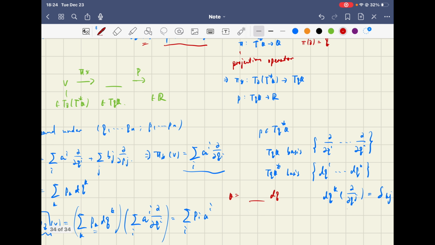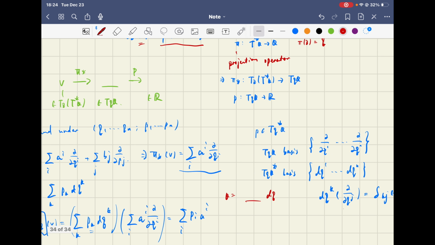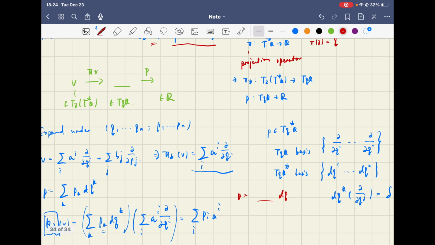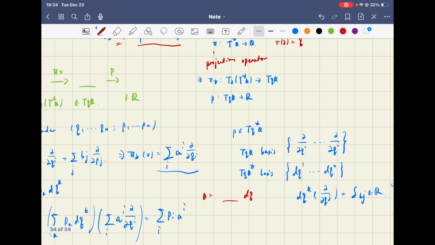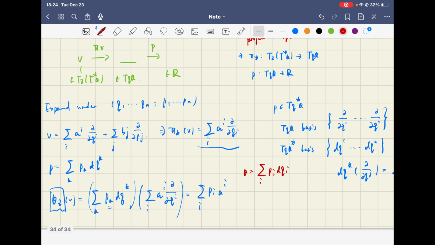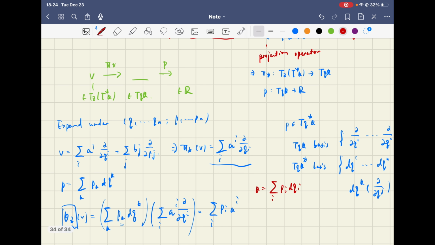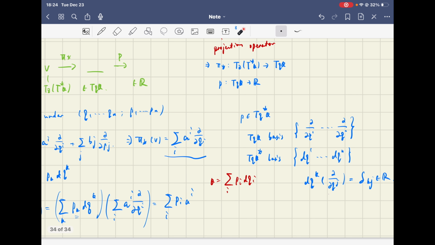So here we have a Kronecker delta, and the answer is quite easy to guess. The answer is sigma i pi dqi. That's the answer. And you guys can try to sub this back in and operate it on v. The answer is the same as what we get here, pi ai. And here's the expression for the tautological one form expanded under the standard coordinates.